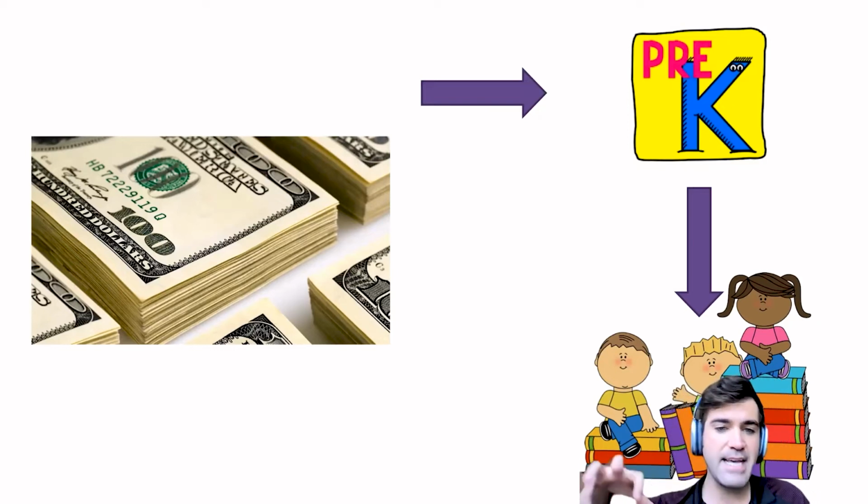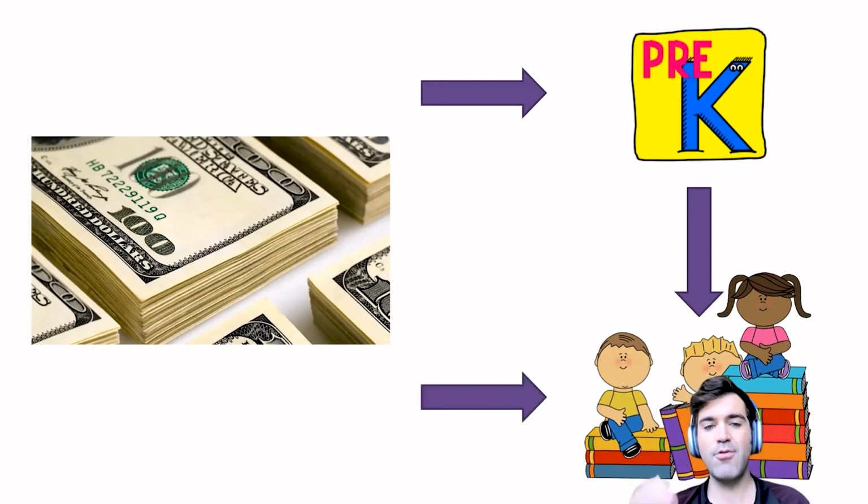And all of these factors also relate to that child's kindergarten reading achievement, right? So if money is really important to send your kid to pre-K, money also probably relates to several other factors that also relate to your child's reading achievement in kindergarten.